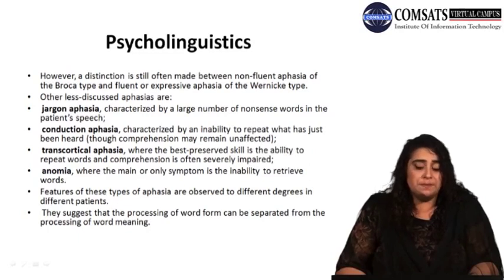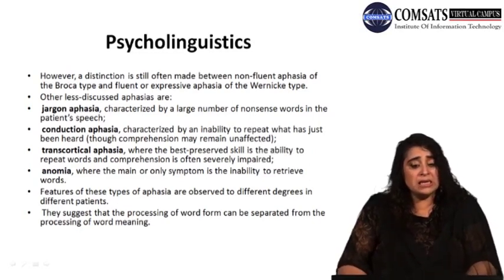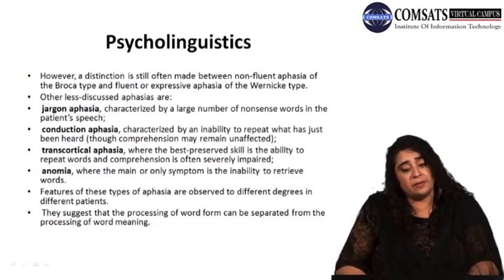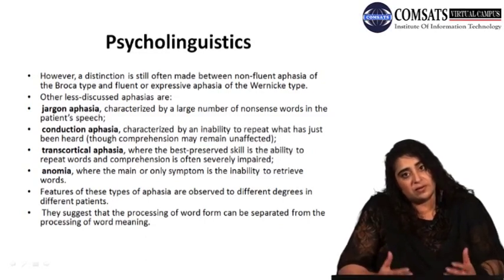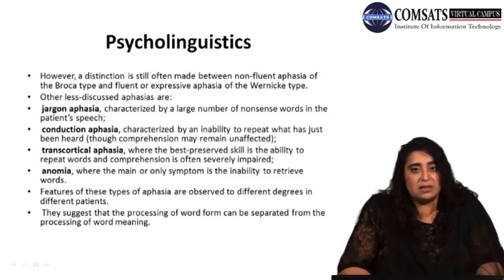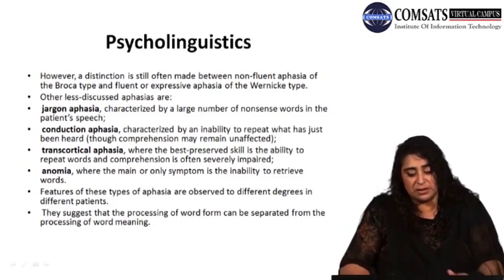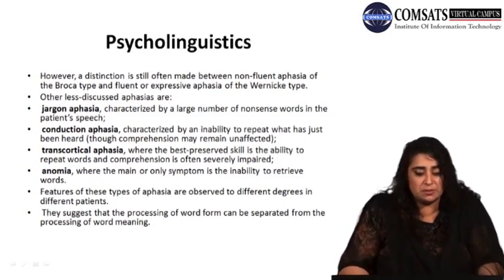In anomia, the main or only symptom is the inability to retrieve words. Patients wouldn't be suffering from comprehension or repetition of words, but their only inability would be to retrieve words, lexical items, from their permanent memory. They can't think of words, so they have difficulty producing language.